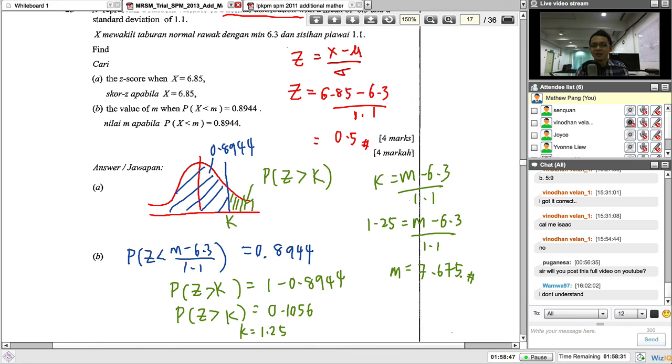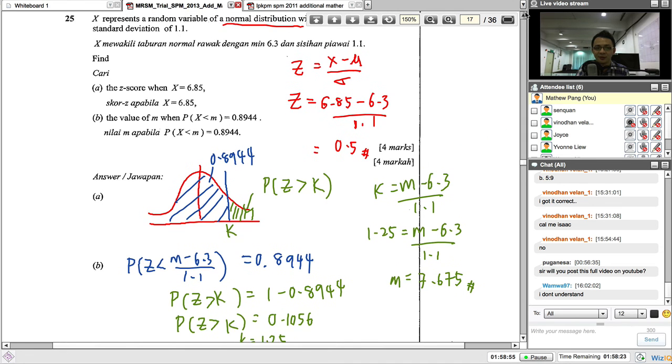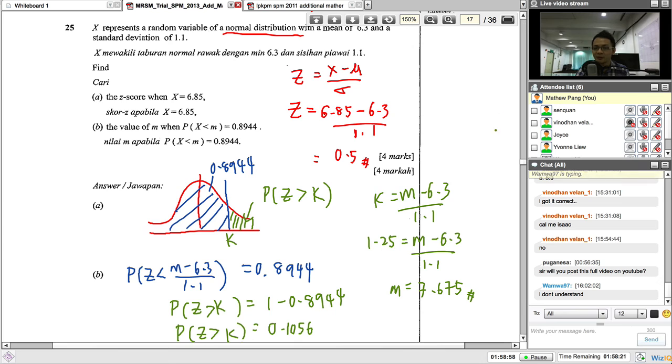Alright, for one more time, which part do you actually not understand about this question? Z is bigger than K. Okay, you mean the green color zone, right? So how do we decide it's bigger or less than?